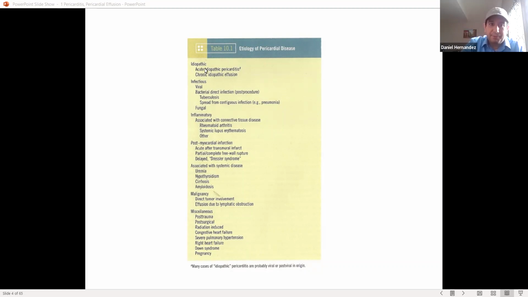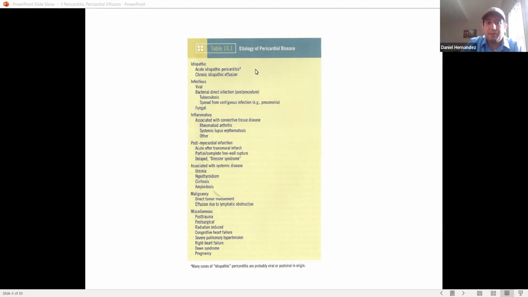So we can have conditions where it's idiopathic, where they have sudden acute development of pericarditis. The conditions can also lead to chronic idiopathic pericardial effusions.